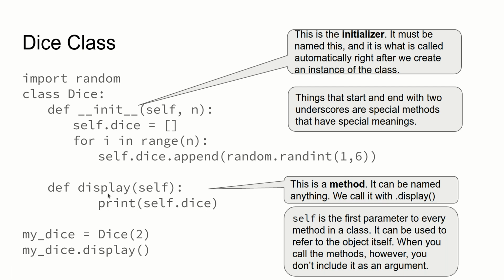If I created a new dice object, I said dice 2 again, and then asked to display that one, those would possibly be different rolls because they would be 2 different random rolls. So the randomization and the creation of this list only happens in the initializer. The display, you can see right here, it does nothing else but printing out.